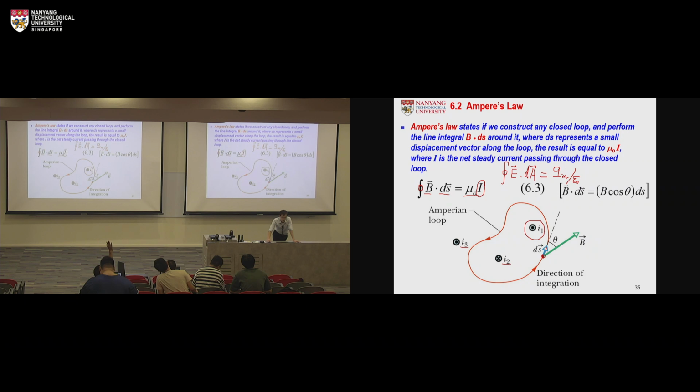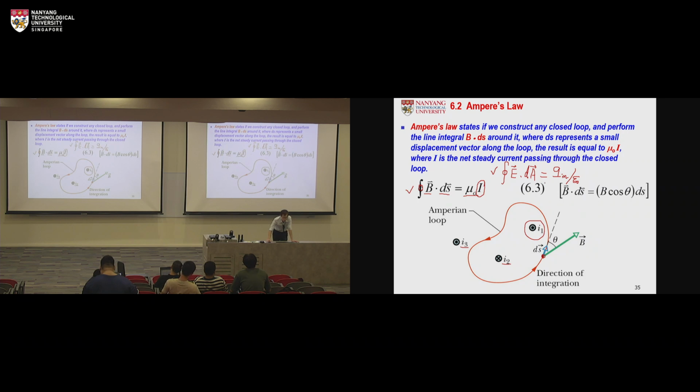This is Gauss's law for electricity, and this is Ampere's law for magnetism.